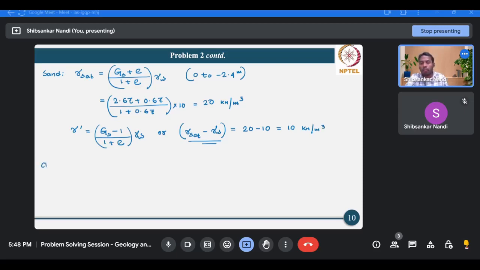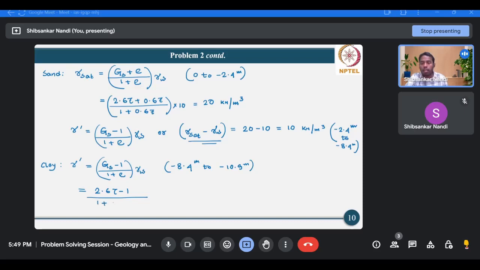Now coming to clay, your gamma prime would be (Gs minus 1) by (1 plus e), times gamma w, and it would be valid for... okay, so here let me write the validity part. So Gs is 2.67.